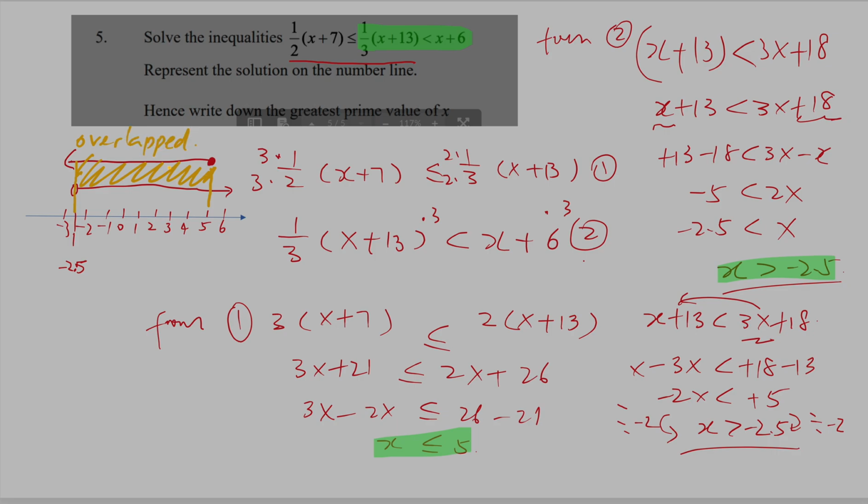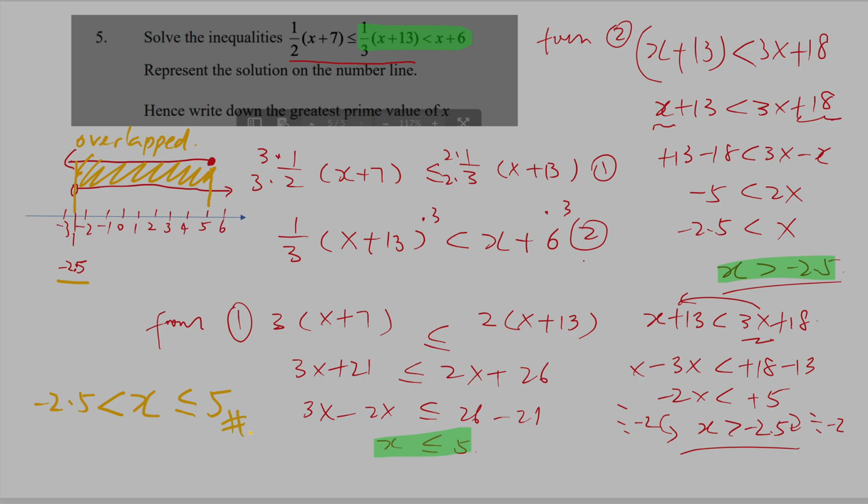If you have two inequality answers and you present them on a number line, and there is overlap, only the overlap is the solution. These two are not the solution. The overlap is from negative 2.5, hollow, which means bigger than x, till 5. It's solid, so it's smaller than or equal. So this is the answer.